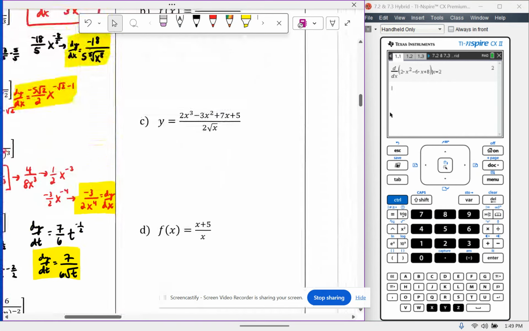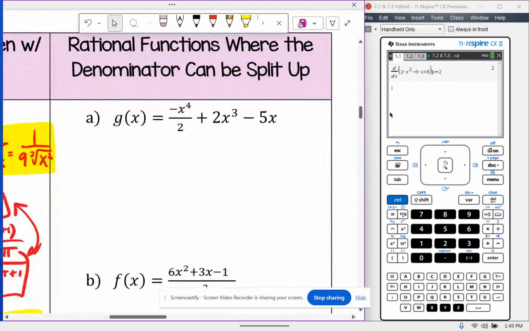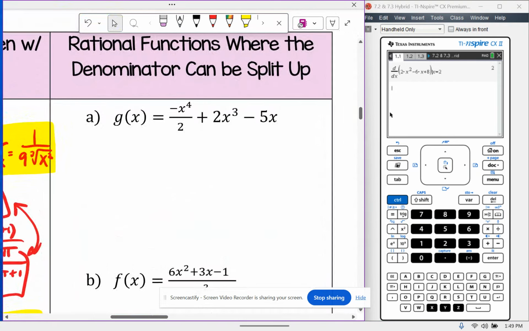All right. Let's try some where we split up the denominators. This guy, we're not really splitting up the denominators, but I wanted to see if you were thinking. Here we go. I've got g of x is equal to, what do you think you should do with that negative x to the fourth over 2?